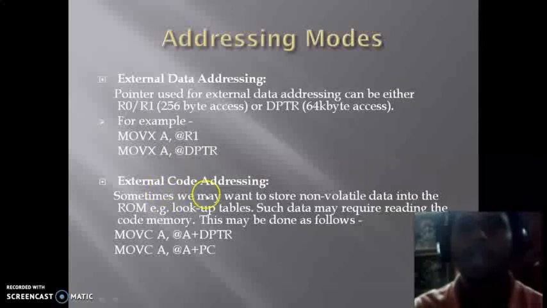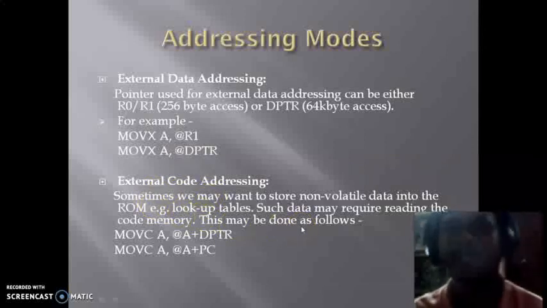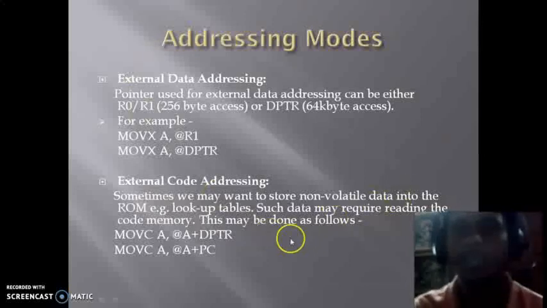Now, external code addressing. Sometimes we may want to store non-volatile data into the ROM, for example lookup tables. Such data may require reading the code memory. So this may be done by using MOVC instructions that I already discussed in data transfer instructions.